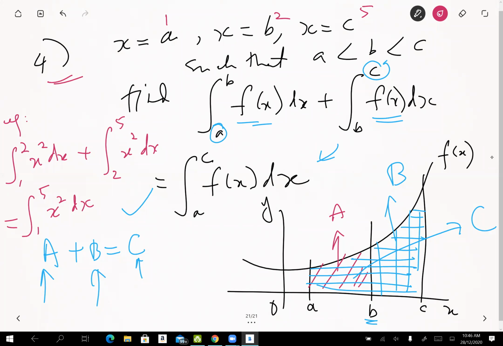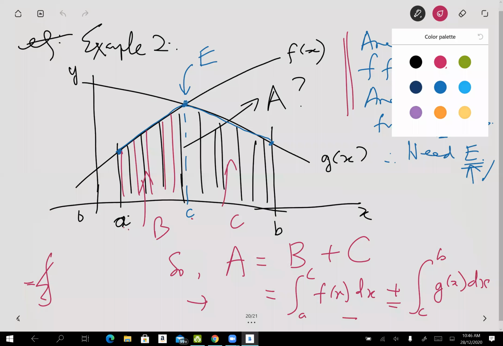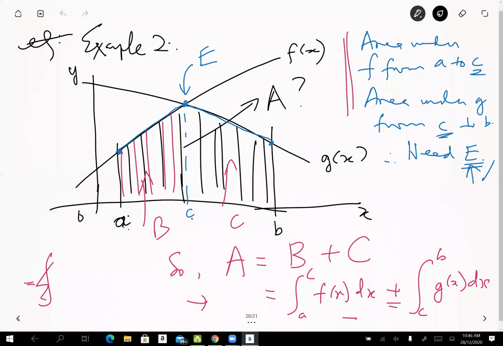Okay, good. Now we go back to the diagram. Let's say we want to find another area. I go back to this diagram because this diagram essentially tells us so many things that we can find. Now, suppose we want to find the area here.